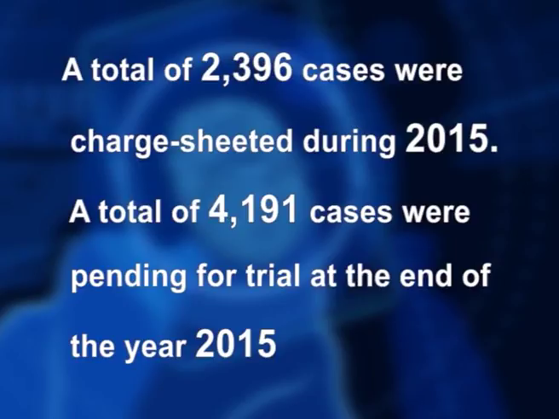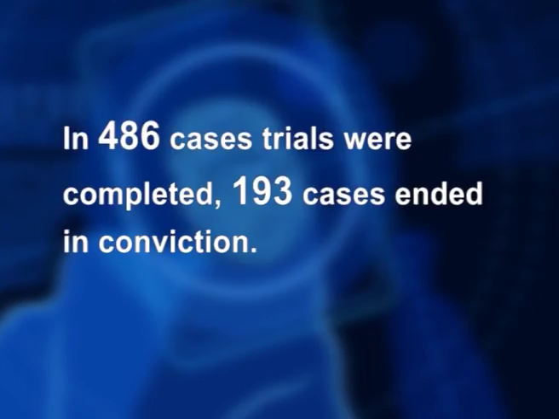A total of 4,191 cases were pending for trial at the end of the year 2015, in which the maximum number of cases were computer-related offences during the year 2015. In 486 cases, trials were completed. 193 cases ended in conviction.